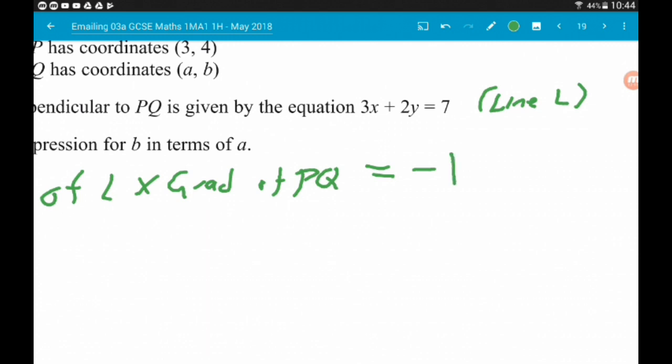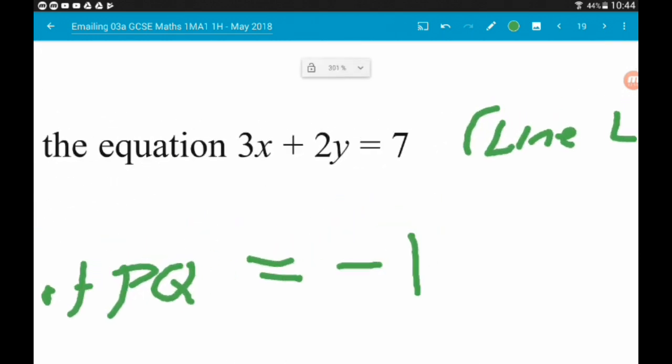So our first job is going to be to find the gradient of line L.